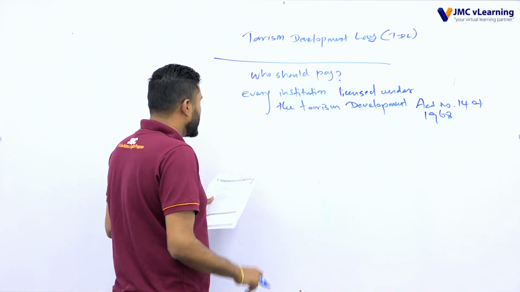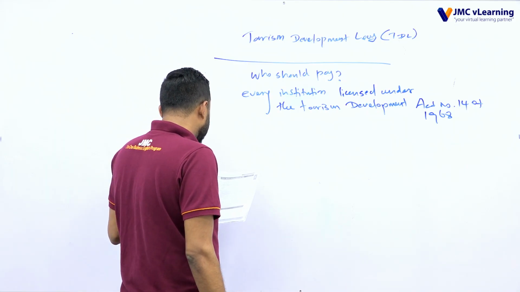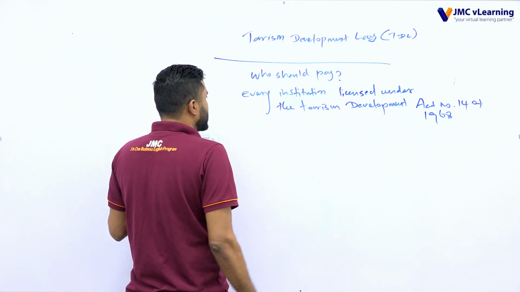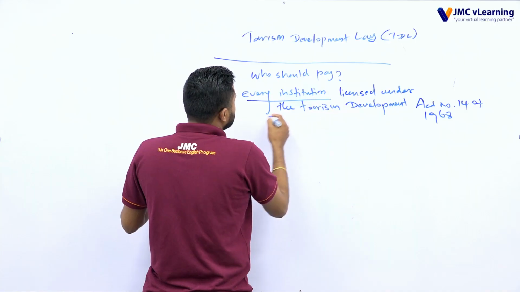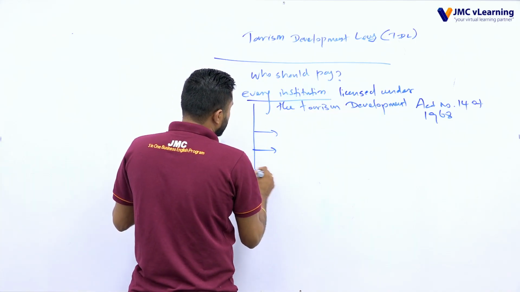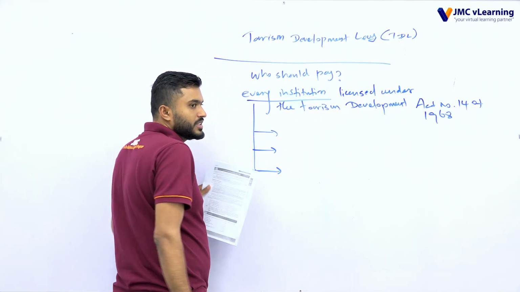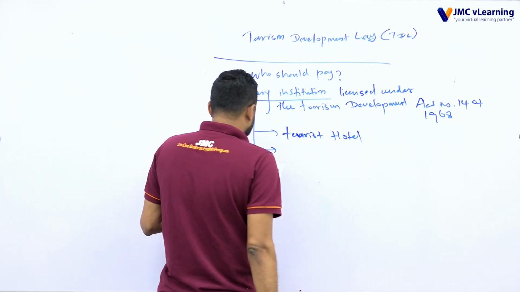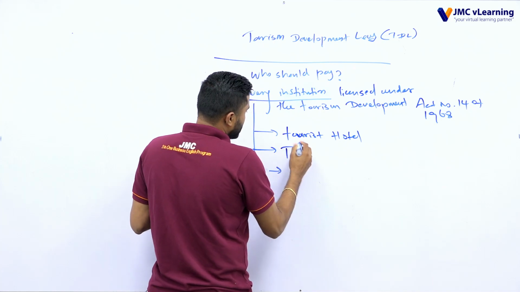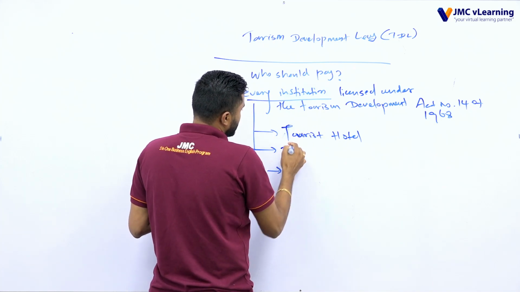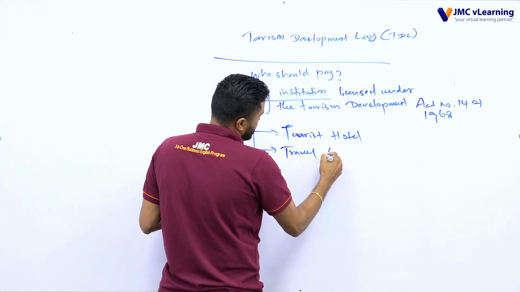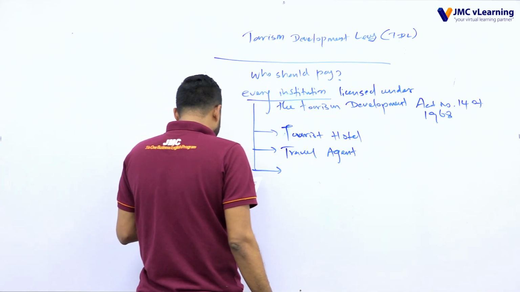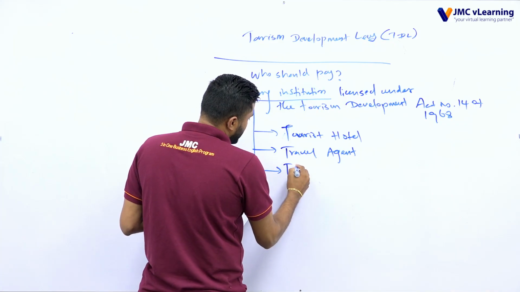this tourism development levy. You know, there are some institutions who can register under this. There are three types of institutions. So first one, the tourist hotel, and then the travel agent, and finally the tourist shop.